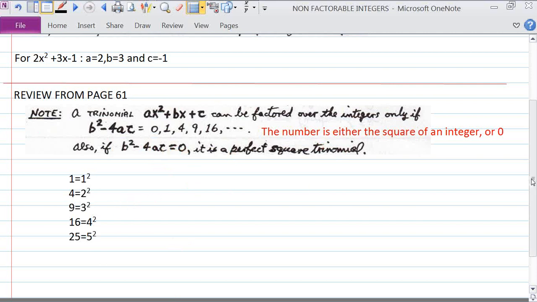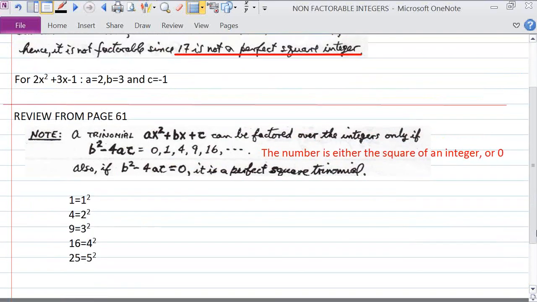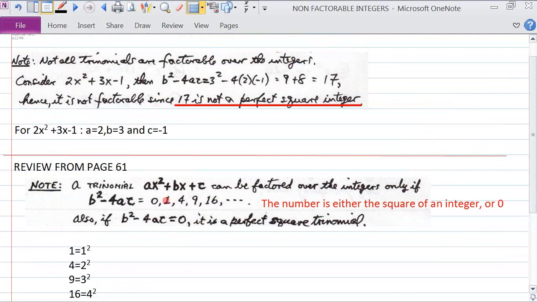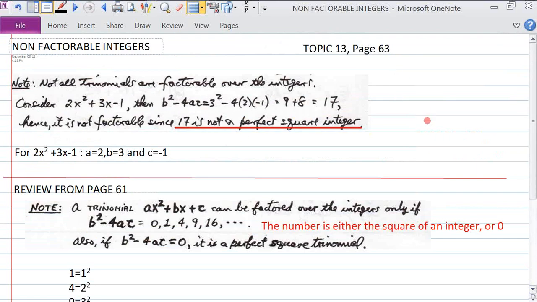So in this case, if we look at the 17 that we get for this problem right here, you can see that we can't factor this using integers because 17 is none of these numbers. The next number would be 25, so it doesn't fit. So that completes our discussion of page 63.